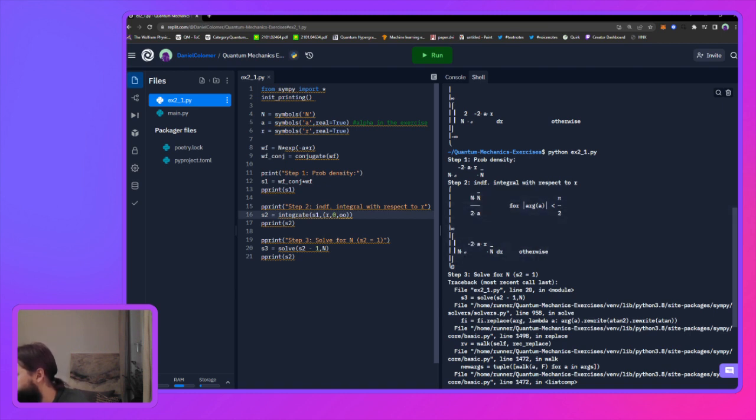N squared. If whatever arg A is below pi over 2, yeah, okay, because otherwise what? I don't know. But that's step 2. That's what the integral would be.